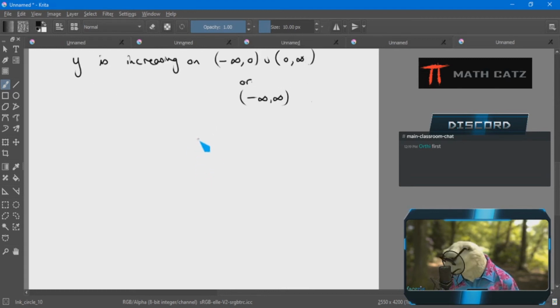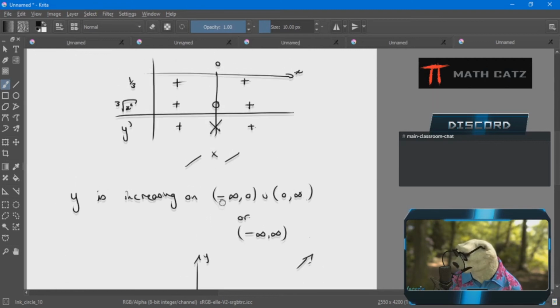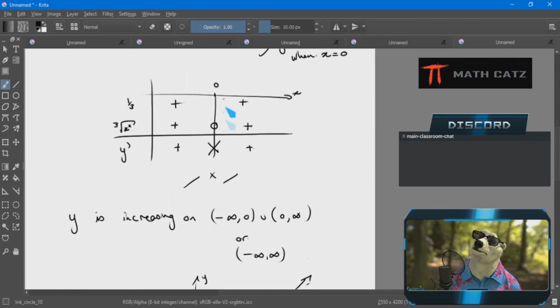Let's get a picture of the graph that we would have at the end of step 2. We would have a y-intercept right there at 0. We would know it's going up, we would know it's going down. That's all we know. There's a point. It's all good. And this is a good example to show that just because the derivative is unhappy with an x value doesn't mean the function is unhappy.